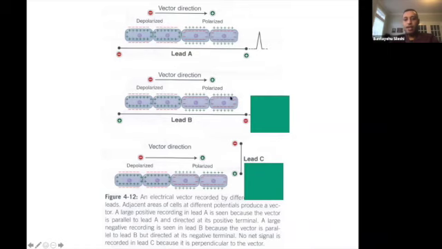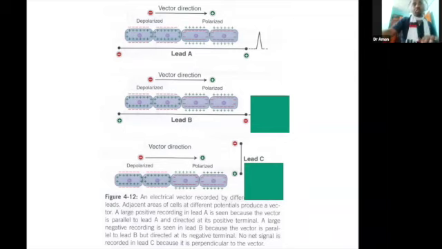So the same electrical activity, if we place lead B where the negative is on this side and the positive is on that side, what would our ECG tracing look like? Downward deflection.